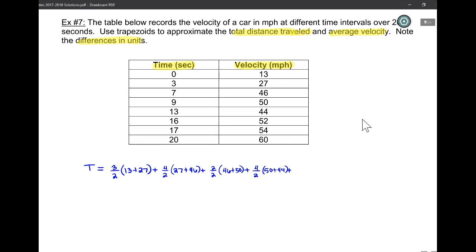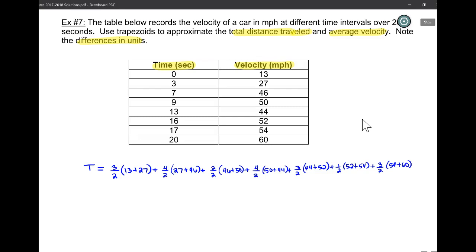Then we go 13 to 16, so that's 3 over 2, 44 plus 52. Next we go 16 to 17, so that's a half, 52 plus 54. And finally 17 to 20, that's 3 over 2, 54 plus 60.